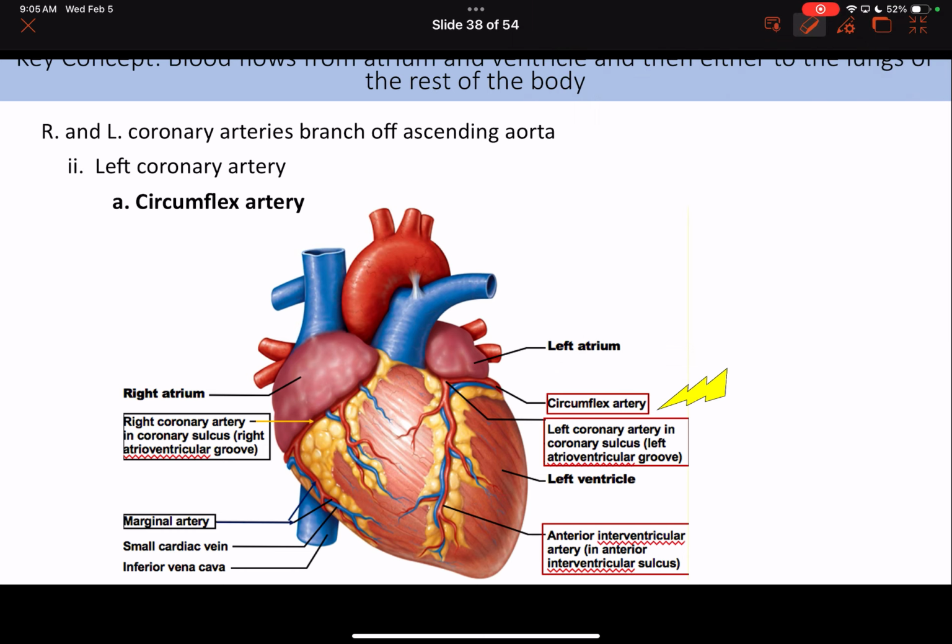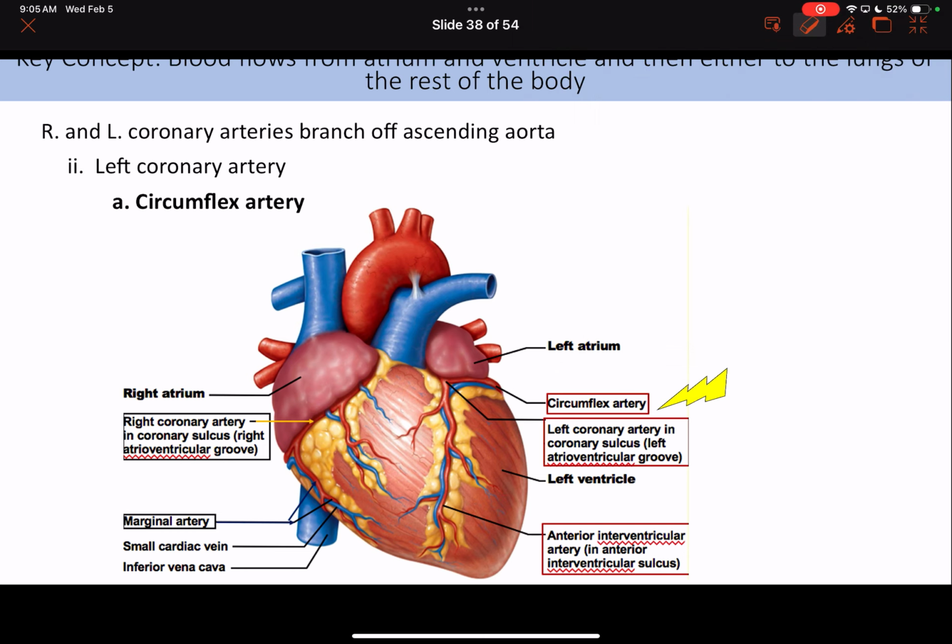You can see that here. A lot of our models don't show the left and right coronary arteries all that well. You can see the extensions of them, but you can't see where they come off the aorta, because the pulmonary trunk's right in the front. I'll have a really big heart model that I'll show you where you can see that, but on most of the other heart models you won't be able to. This diagram makes the parts look a little translucent so you can see what's happening underneath.